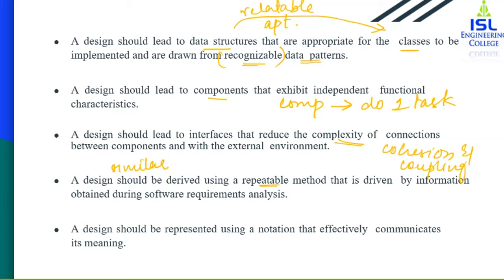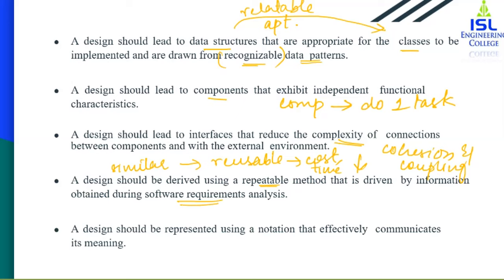So whenever you're making similar software, you need to use a repeatable method. Whenever you're reusing, you are going to reduce the cost and the time. So that is the next point.